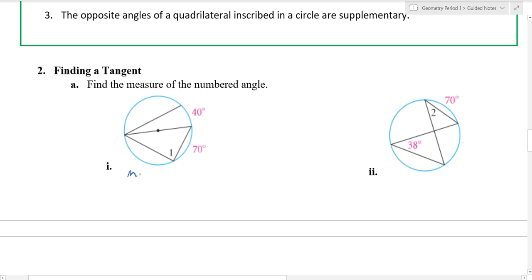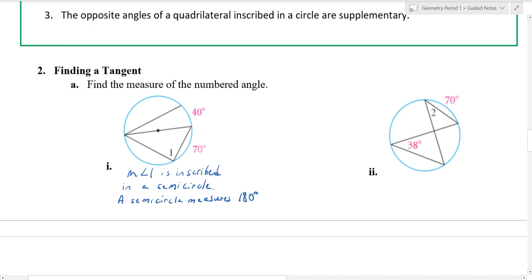The measurement of angle 1 is inscribed in a semicircle, a semicircle measures 180 degrees.